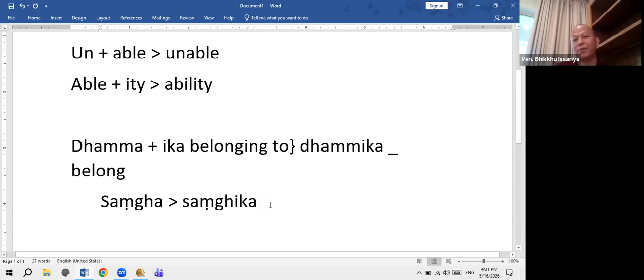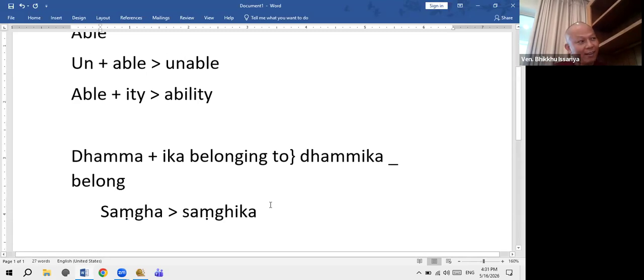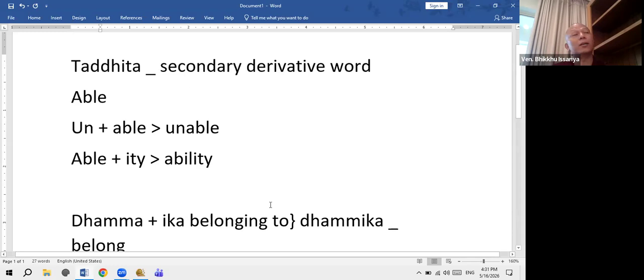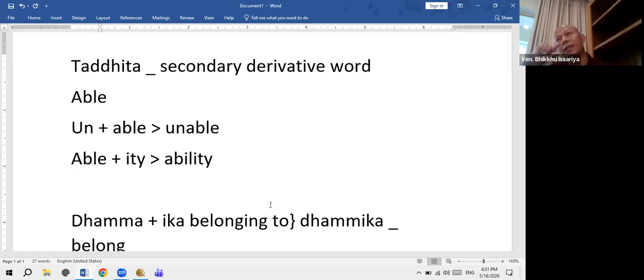Okay, so now let's go back to our lecture. Taddhita is the work of creating a new word. But even though we say new, it is not really new, just slightly changing. For example, a noun becomes an adjective or an adjective becomes a noun, like that.